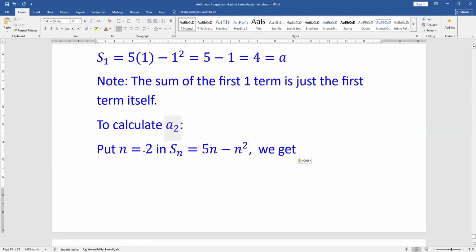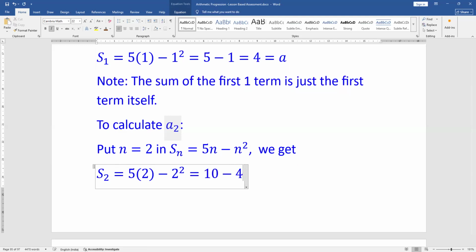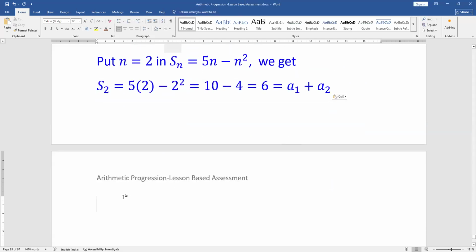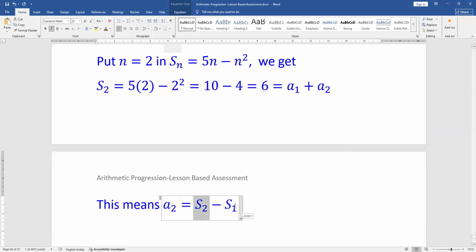Then 5 times 2 is 10, 10 minus 4 is 6. This means A1 plus A2, the sum of the first two terms. So A2 is S2 minus S1. S2 minus S1 will give you A2.